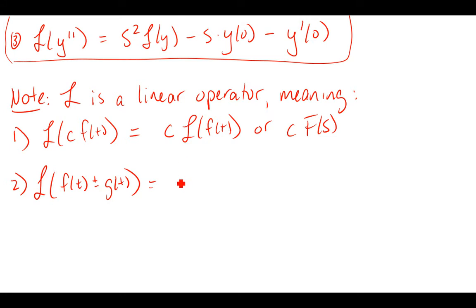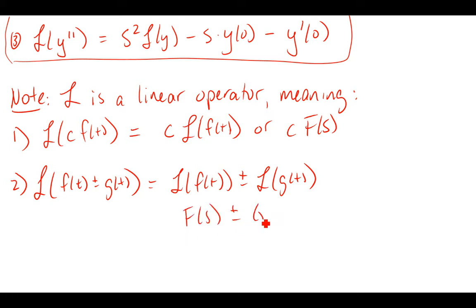So this should not be surprising to anybody. That of course if you have addition or subtraction, that's okay. Just do the Laplace on each term or each piece and then add or subtract accordingly. And again, if you like our big letter notation, that's big F plus or minus big G, I guess I would say, right? Little g turns into big G.